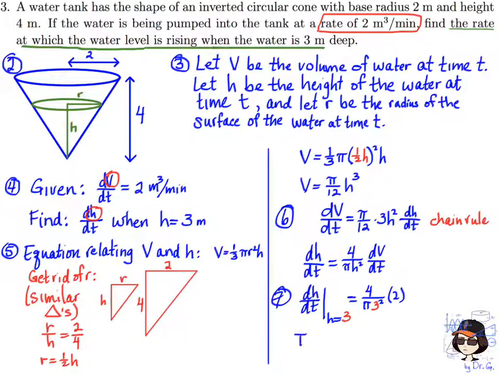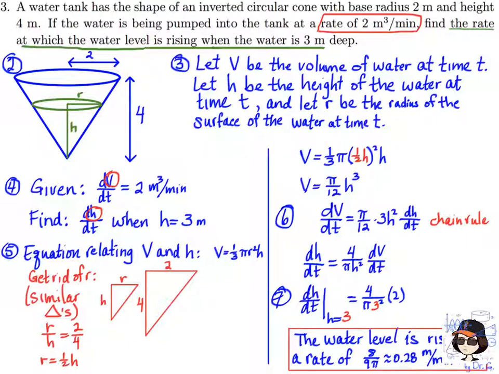And we can answer the question. The water level is rising at a rate of 8 over 9 pi, which is approximately 0.28 meters per minute. And that is our first real related rates problem.